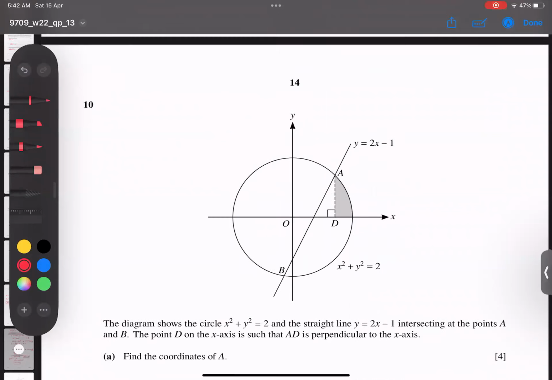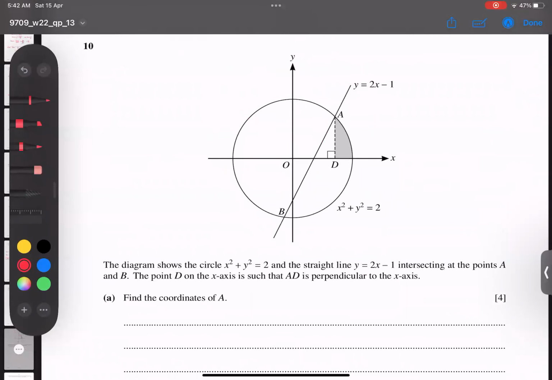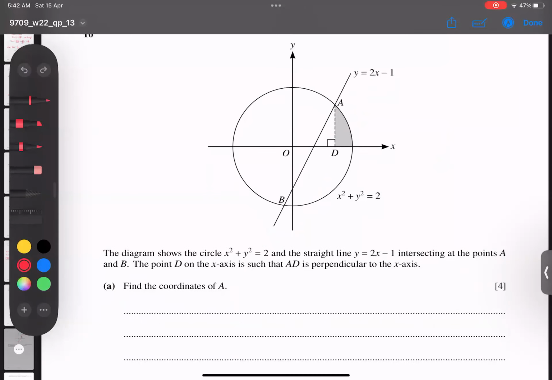So question number 10. First of all, he has given us a circle, and I can see a line. He says that they are intersecting at A and B, and he's asking for the coordinates. So point of intersection. Point means I will solve them simultaneously. How come?